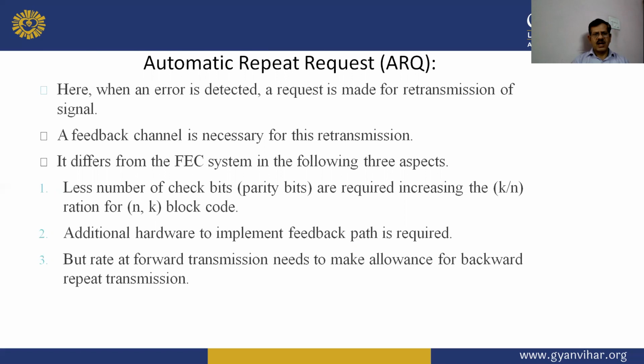It differs from the FEC system in the following three aspects. First aspect is that fewer check bits, parity bits, are required, increasing the code rate for (n,k) block codes. Second aspect, additional hardware to implement the feedback path is required.